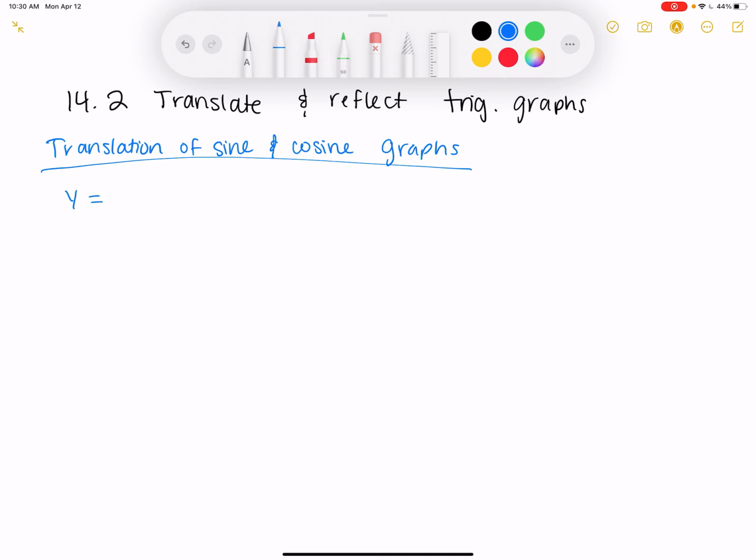They'll look like y equals a sine of b times x minus h plus k, or y equals a cosine of b times x minus h plus k. This is the general form of what it looks like. It took me like 5 days to figure out what the general form is. A is greater than 0 and b is greater than 0. We'll talk in a minute about what it means if it's less than.